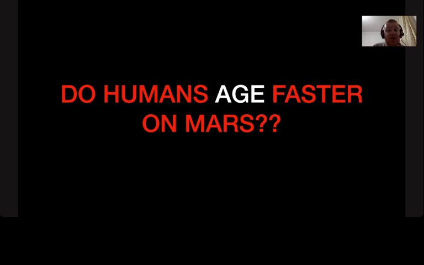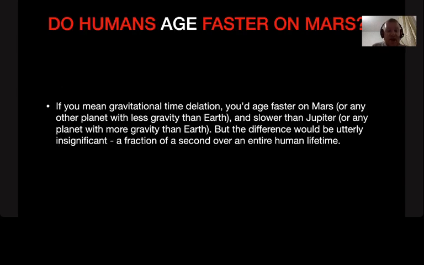Do humans age faster on Mars? Well, if you mean gravitational time dilation, you'd age faster on Mars or any other planet with less gravity than Earth, and slower on Jupiter or any planet with more gravity than Earth.